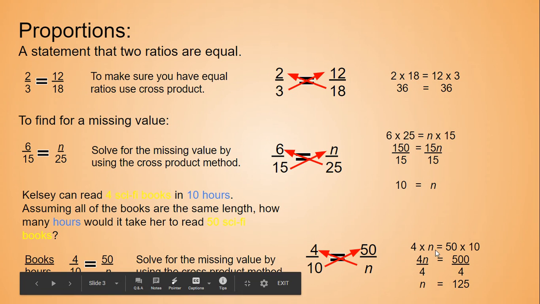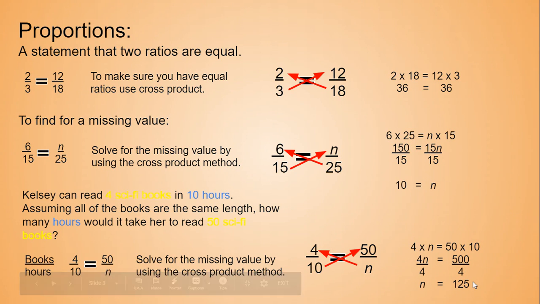So 4 times n gives us 4n, and 50 times 10 gives us 500. This is our one-step equation. The opposite of multiplying by 4 is to divide by 4. 4n divided by 4 gives us n, and 500 divided by 4 gives us 125.